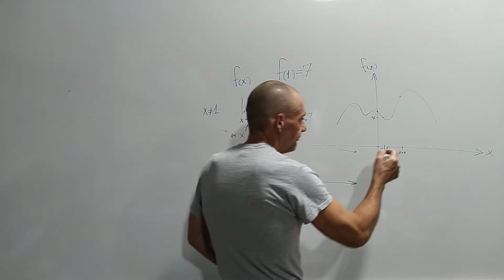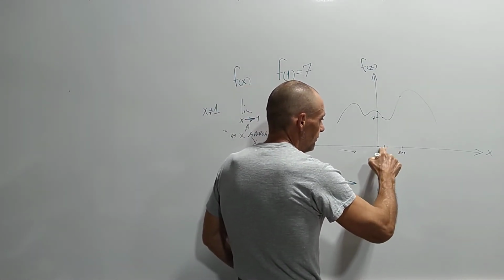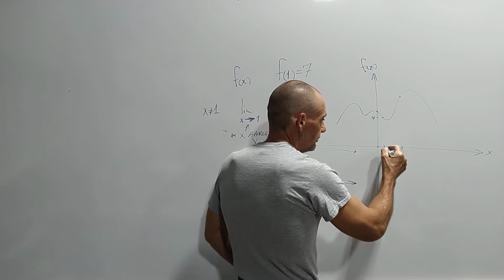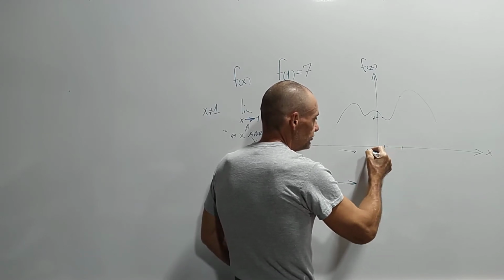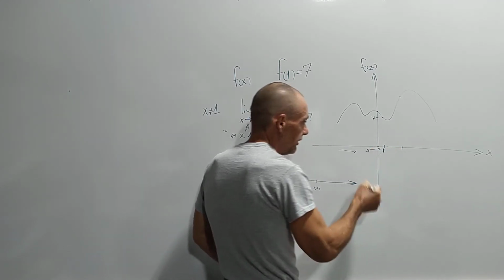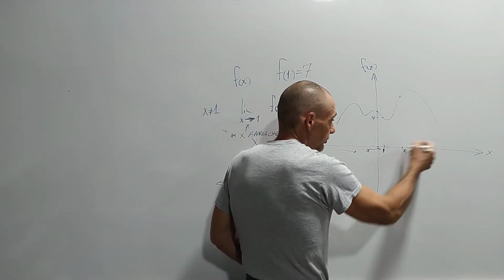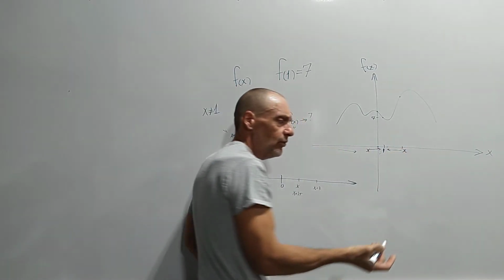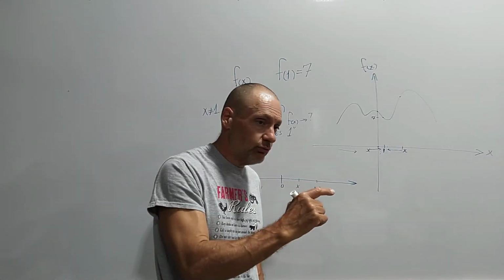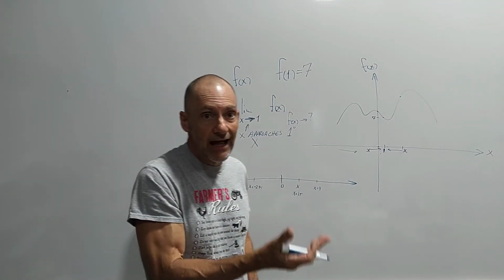So as x approaches 1, x is not equal to 1 anymore. So here's 1, and here's x, and x is heading toward 1. Notice that x could head towards 1 from the left. x could also be over here to the right, and it could be heading towards 1. We don't know where x is. We just know that it's heading towards 1, and so obviously it's not 1.